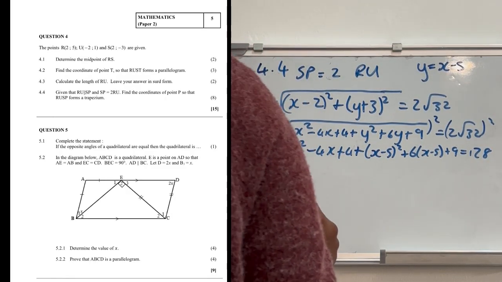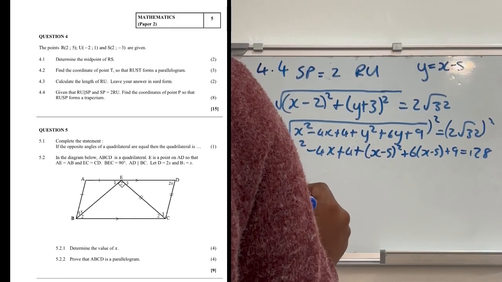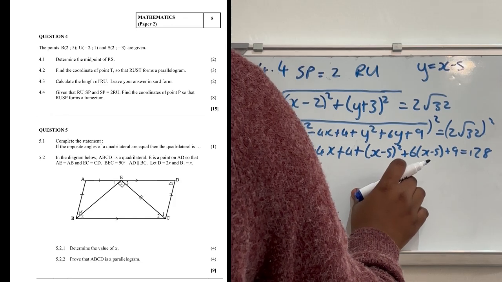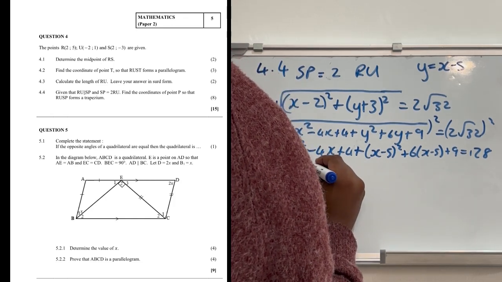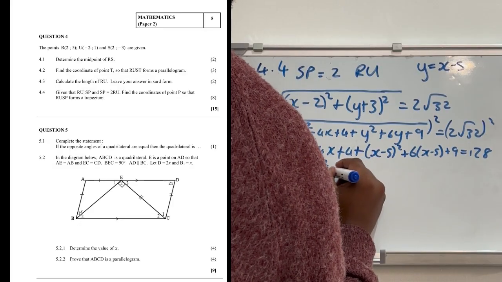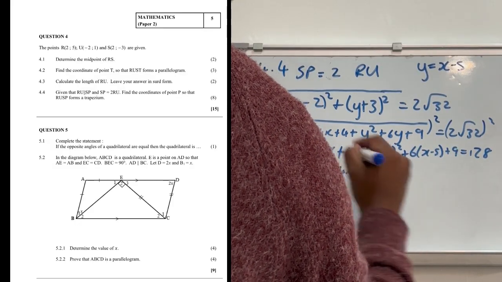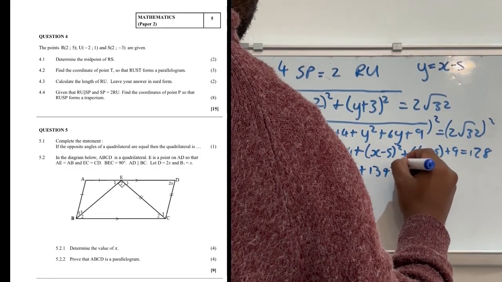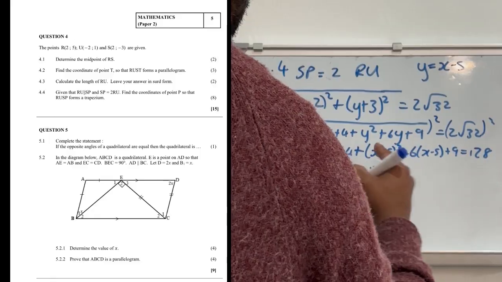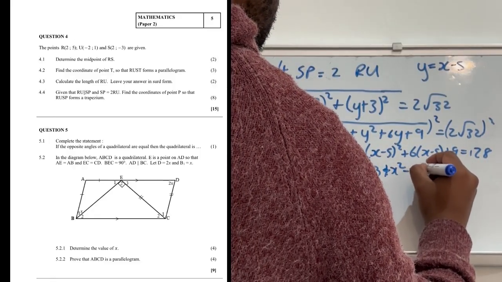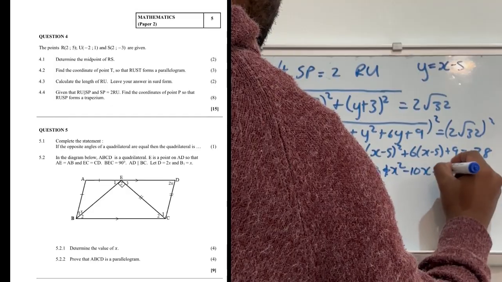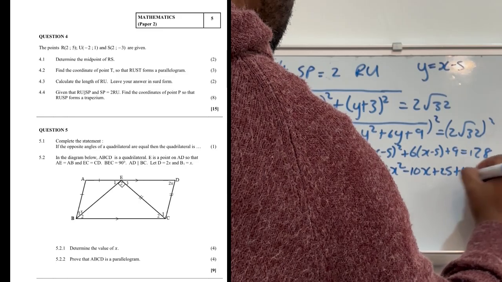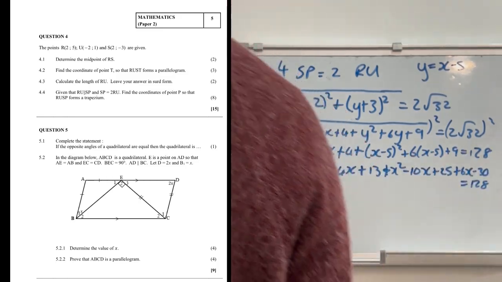Okay, so if we multiply all of this out now, this is going to become x squared minus 4x plus 13, since 9 plus 4 is 13, plus x squared minus 10x plus 25, plus 6x minus 30, equal to 128.